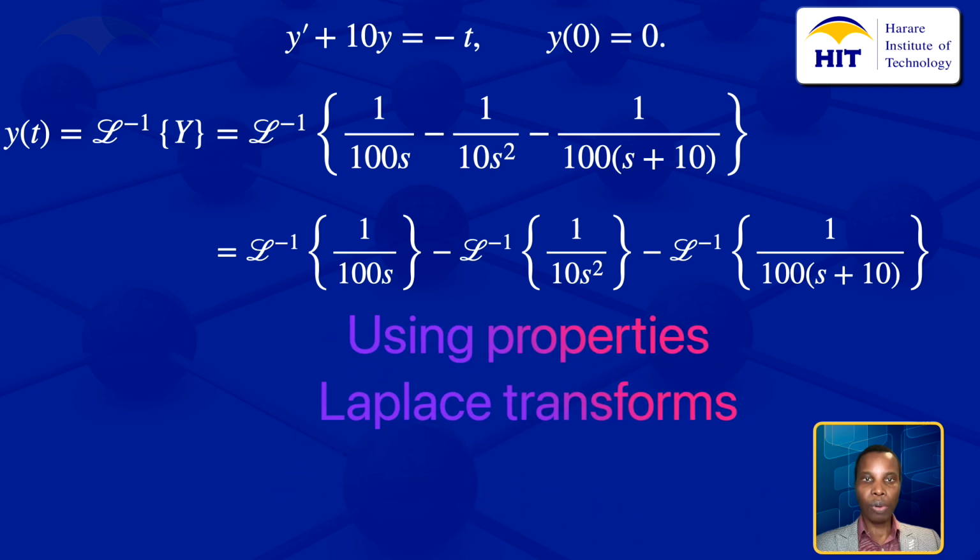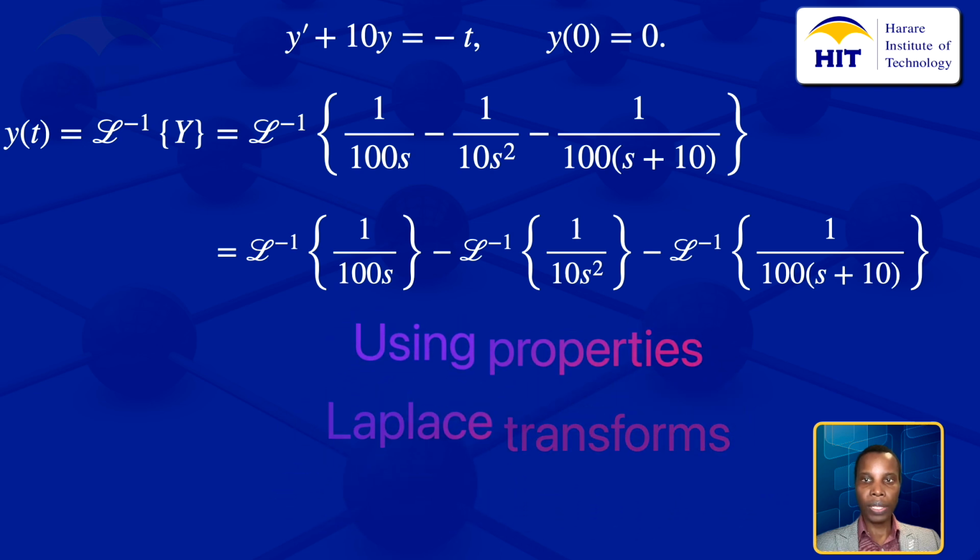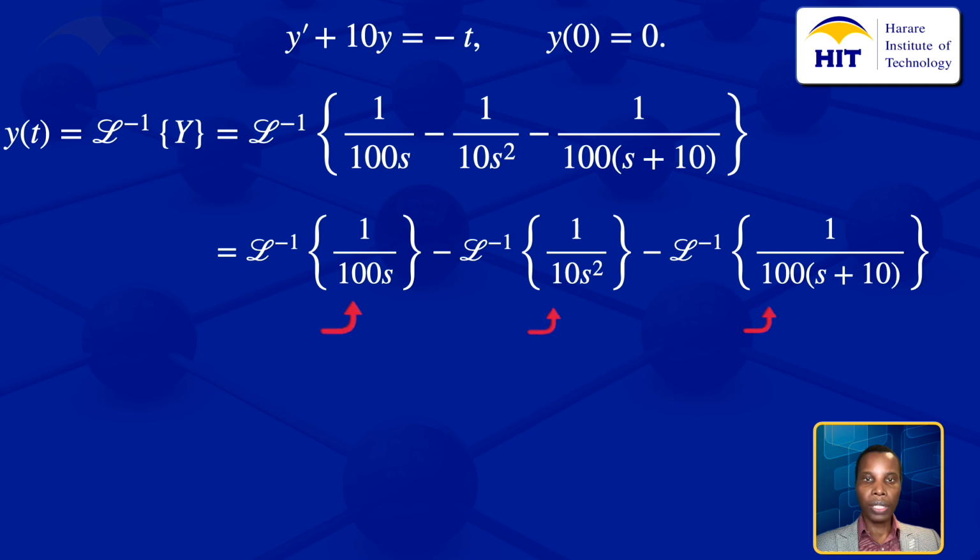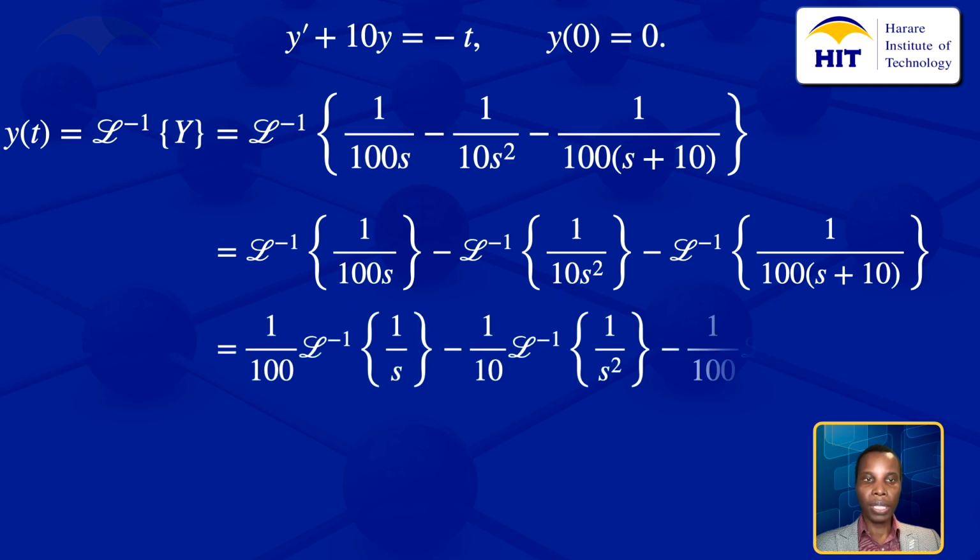And this is by properties of Laplace transforms. Then we can take out these constants, so that we would have 1 over 100 multiplied by the inverse Laplace transform of 1 over s, minus 1 over 10 multiplied by the inverse Laplace transform of 1 over s squared, minus 1 over 100 multiplied by the inverse Laplace transform of 1 over s plus 10.